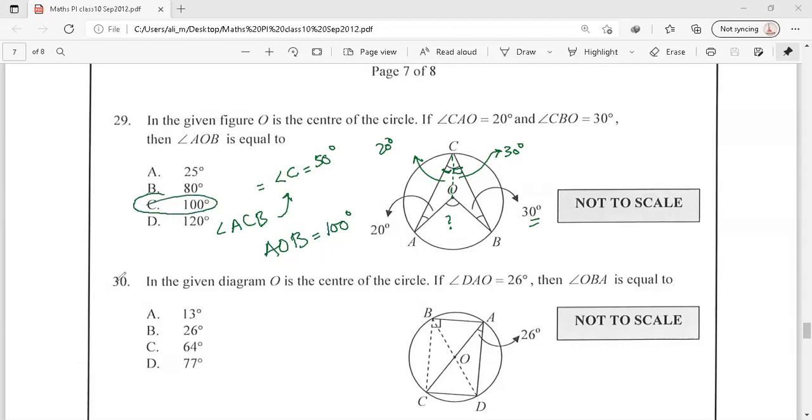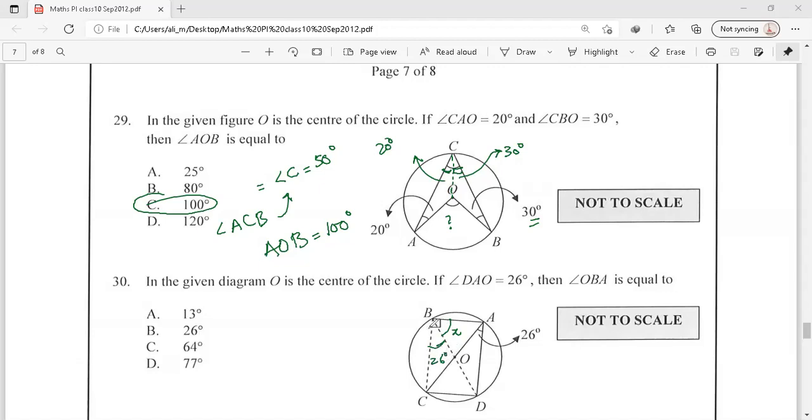Then we have the last question of this year, question number 30. In the given diagram, O is the center of the circle and DAO is equal to 26. OBA is equal to what? So we have to find this angle OBA. Angles in the same segment are always equal. So if this is 26, this angle will also be equal to 26 degrees.